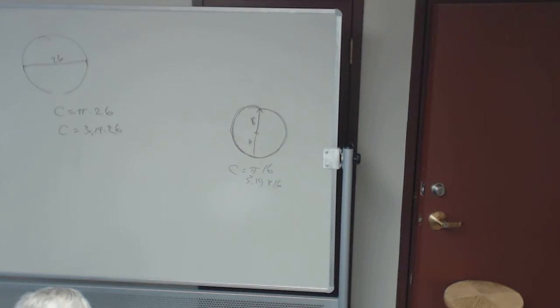So we converted it into feet and we got 6.80. 26 inches is the outside diameter, times 3.14 gives the circumference, 81.64.